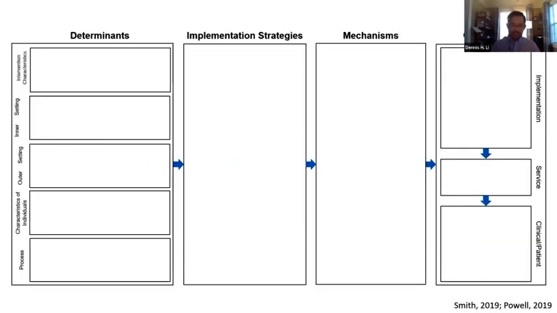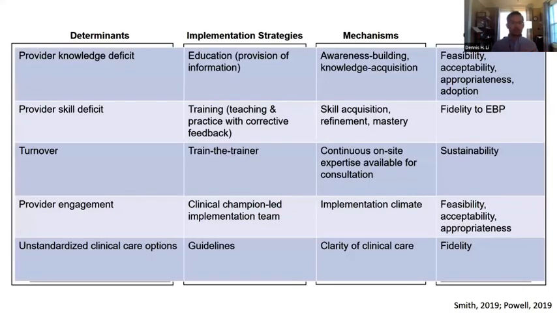You're very familiar with this by now. So again, keeping in mind that the relationship between determinants and strategies is rarely one-to-one, this is just a simplistic representation of how these things fit into the logic model. These examples are taken from Byron Powell's presentation from the summit.